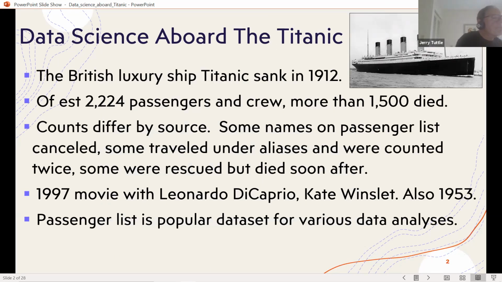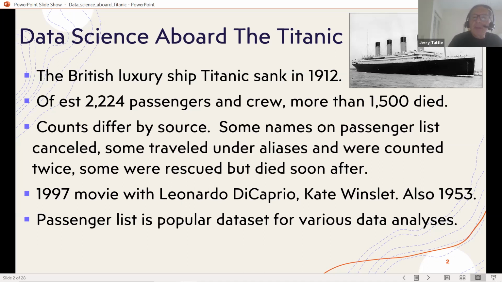So first, briefly about the Titanic. This was a British luxury ship that sank on its maiden voyage in 1912. There were 2,000 plus passengers and crew, and 1,500 or so died. You'd think something like the number of deaths would be a pretty undisputable number, but the counts differ by source.